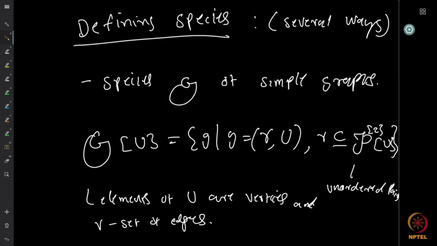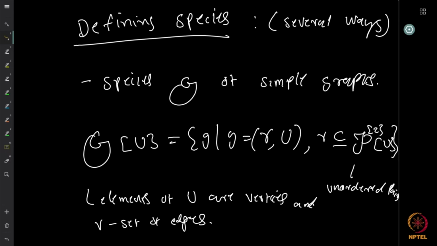A simple graph is a graph structure on a finite set, of course, since we are looking at finite objects. It is a graph structure on U, which means that there are edges, and the edges are two-element subsets of U, like unordered pairs of elements.